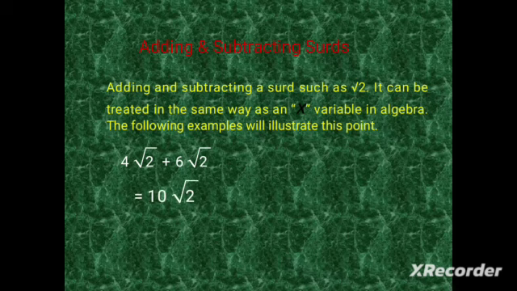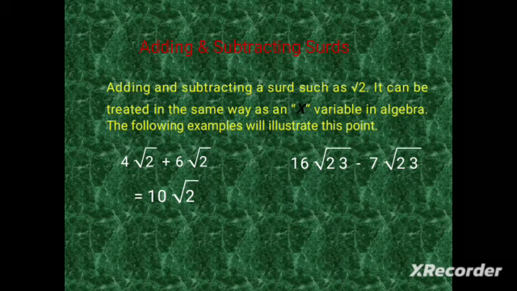Okay, we are going to follow with the following examples to illustrate the addition and subtraction of surds. So we have 4 root 2 plus 6 root 2, and now we will have it as 10 root 2.